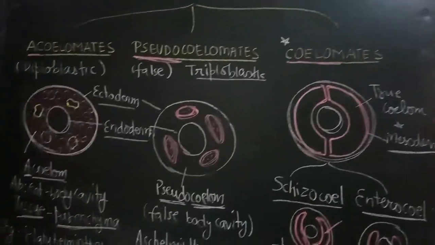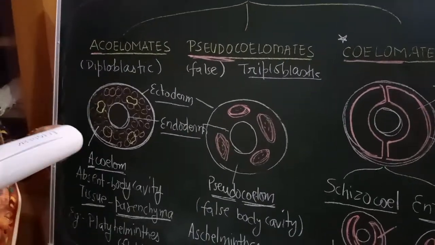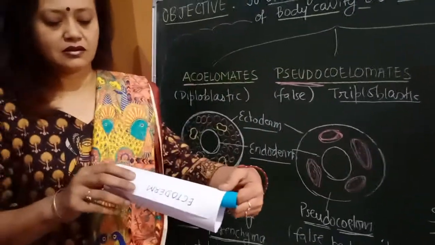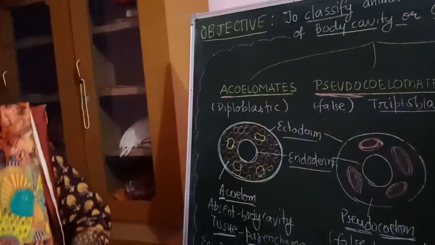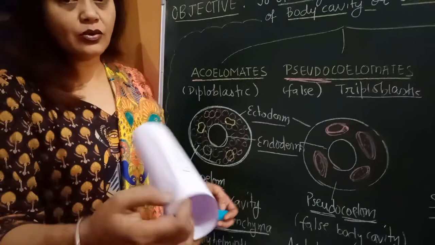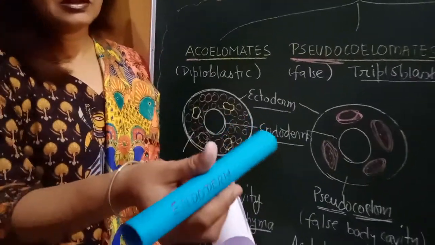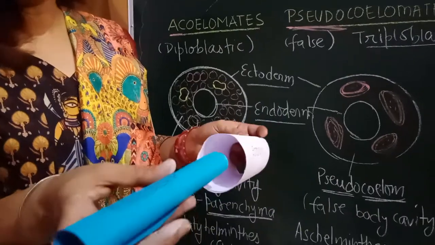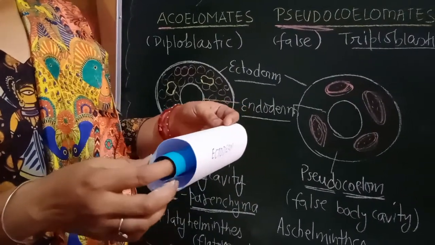My dear students, we can understand this concept with the help of this small model also. Suppose this is ectoderm, that is the outer germinal layer. This is endoderm, that is the inner germinal layer. So the arrangement is like this.